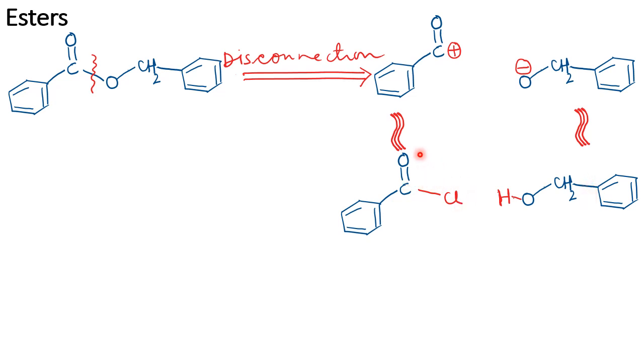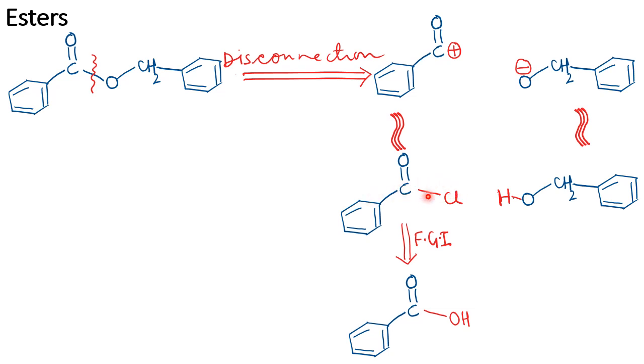Now this particular synthon, with this particular synthetic reagent or synthetic equivalent which we have got, is an acid chloride. So we can look towards making a more stable equivalent. So in place of acid chloride, we can think of getting an acid through the FGI.